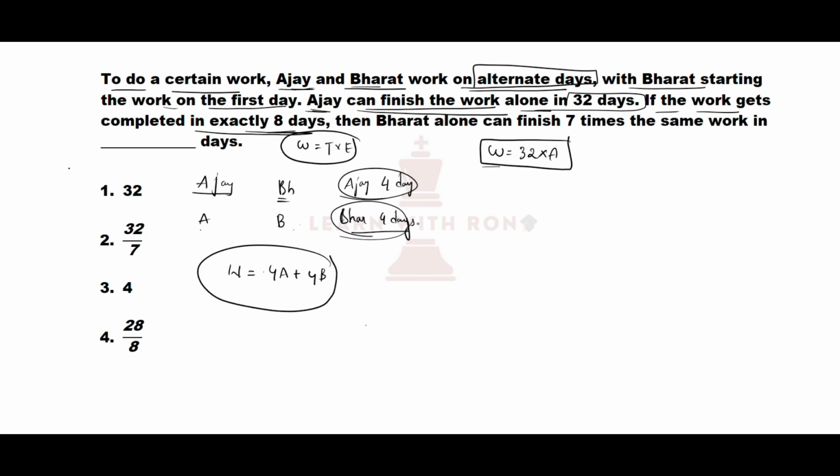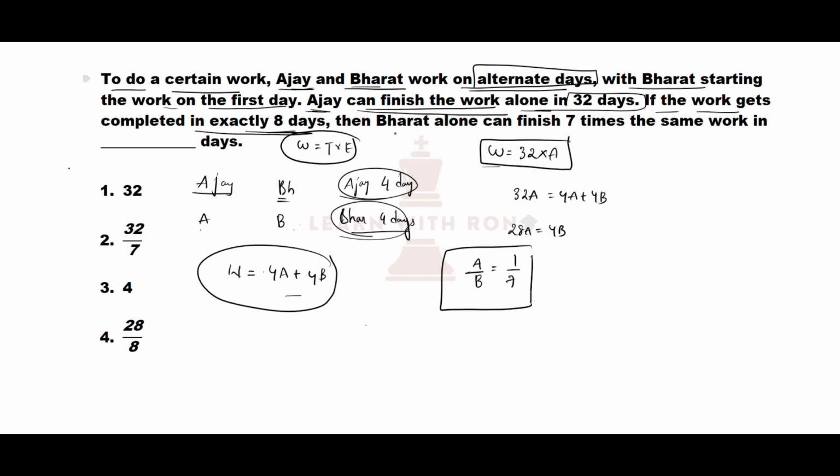If this is work and this is also work, we can equate them. So 32A is equal to 4A plus 4B, and 32A minus 4A, which is 28A, is equal to 4B. So the efficiency ratio A by B is 1 by 7. So we got the efficiency ratio of Ajay and Bharat.